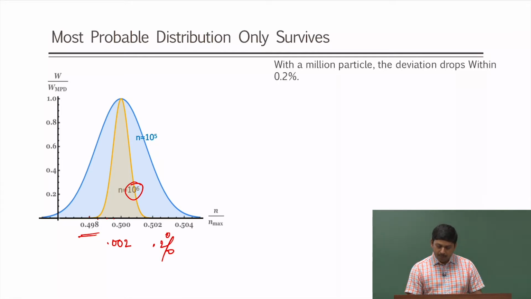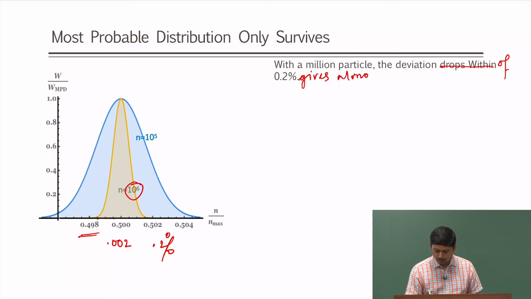So, with a million particles, a deviation of 0.2% gives almost 0 probability or 0 W. The number of distributions drops to 0 with 0.2% deviation.